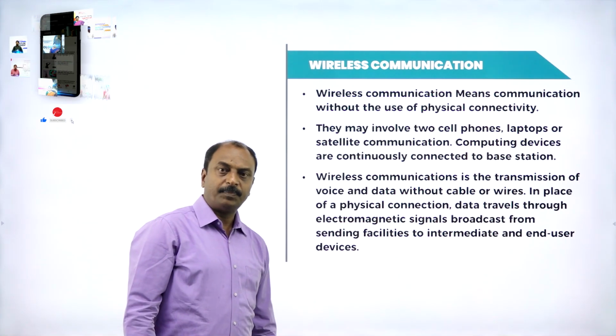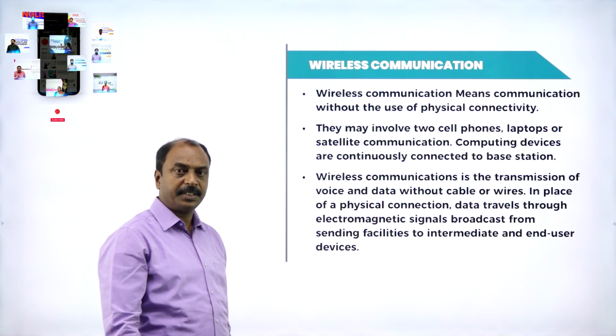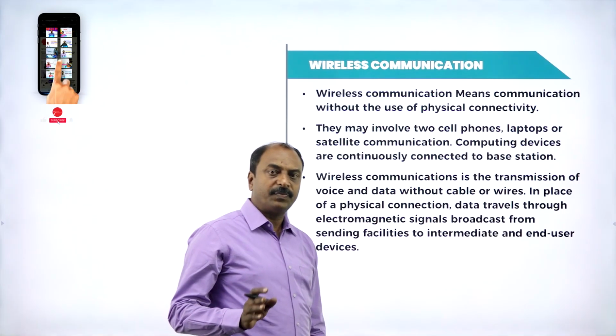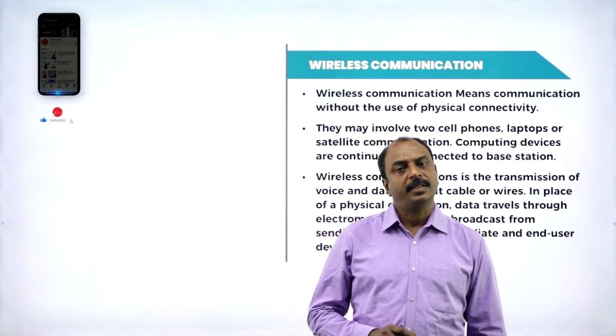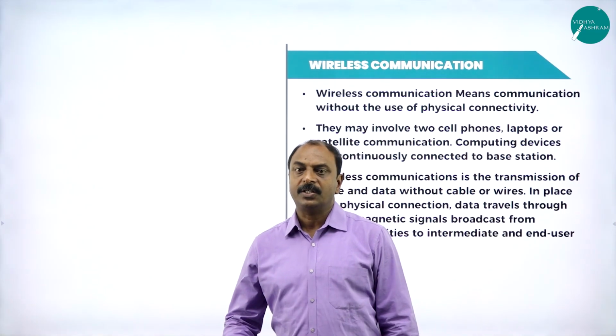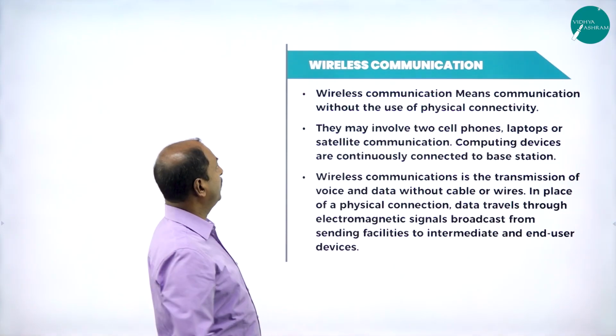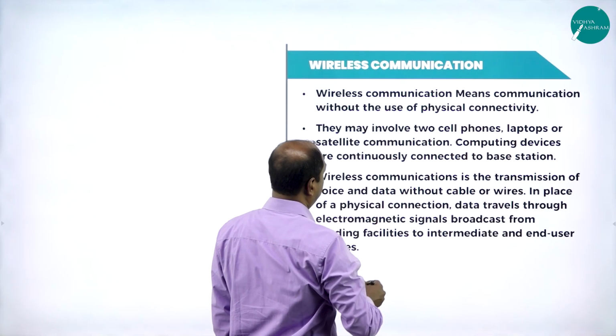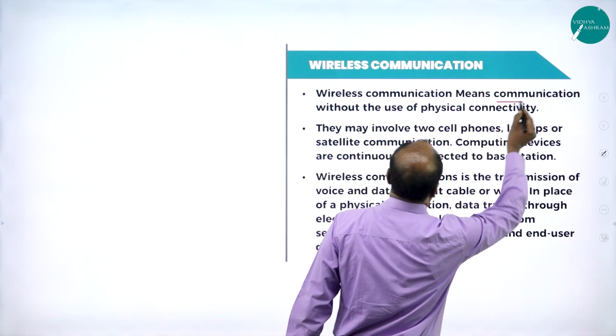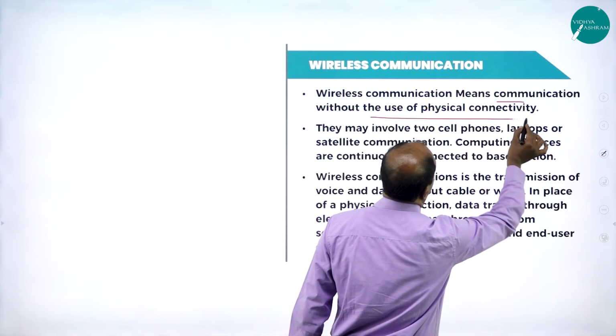We have learned in the previous session about wired communication, meaning there is a direct physical connectivity between the sender and the receiver, or source and the destination, for effective communication. Now wireless communication means communication without the use of physical connectivity.